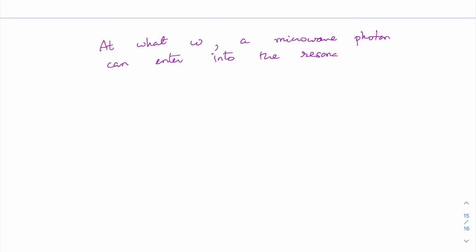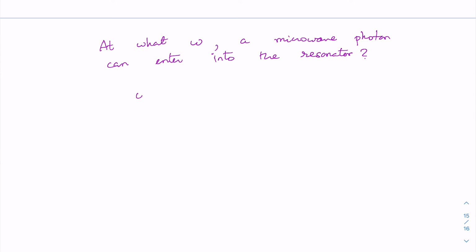So the question that we have to ask is, at what frequency omega of the drive can a microwave photon enter into the resonator and thereby excite the atom there, or the qubit.